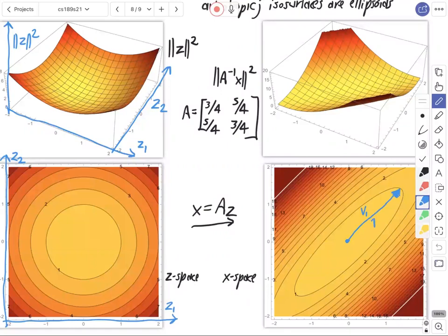And this is the one where lambda1 is 2. And then in the other direction, we've got a second eigenvector. And this is the one whose eigenvalue is -1/2.